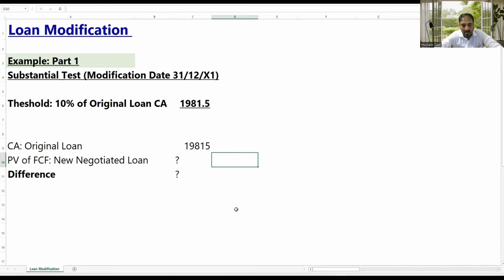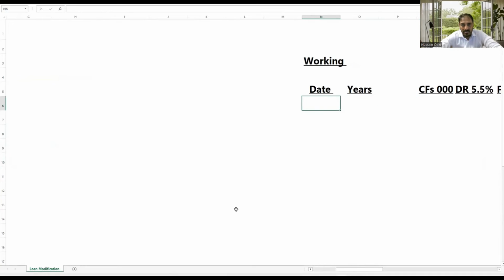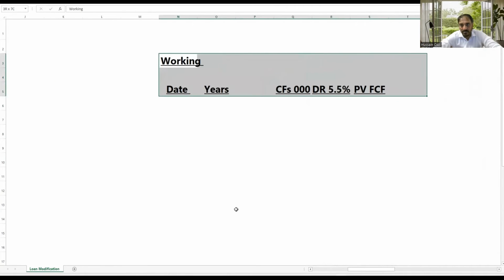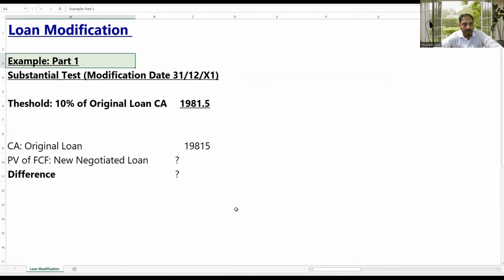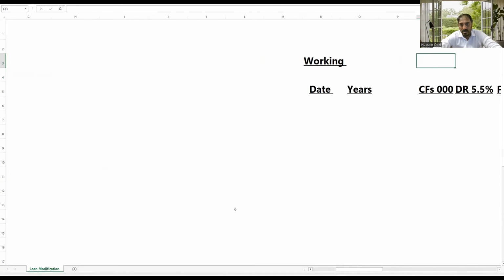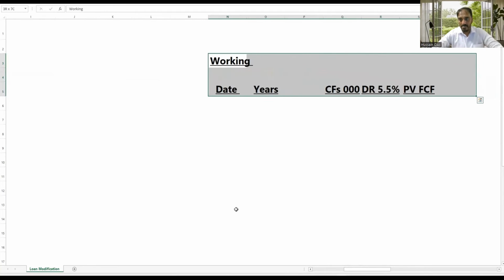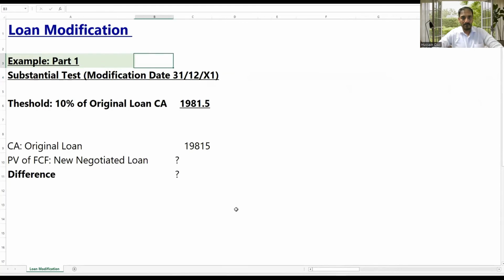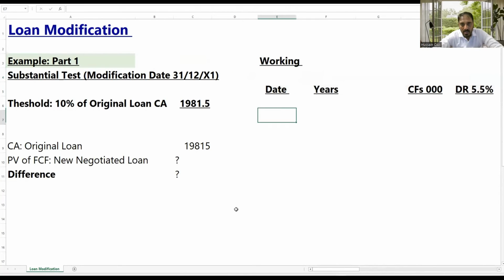So now it's time for the working for the present value of future cash flow with the new negotiated terms. Now we need to make a working. Working for present value of future cash flow with the new negotiated terms.